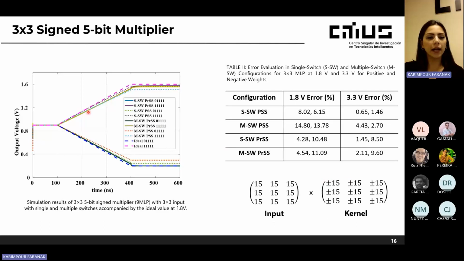The output voltage graph at 1.8 volts reveals that the single switch structure again exhibited the best response compared to the other configurations. If you look here, we have a small slope voltage difference, which is because of the parasitic capacitance and also the static errors.